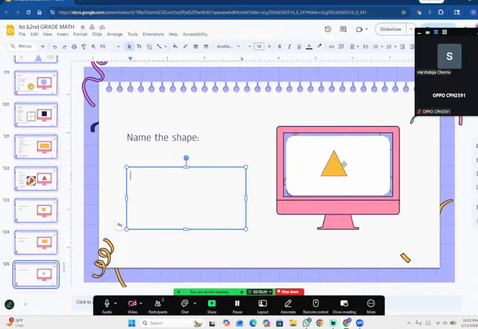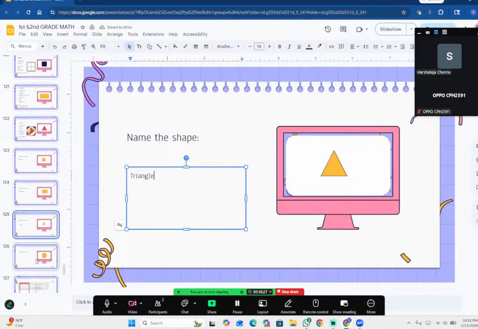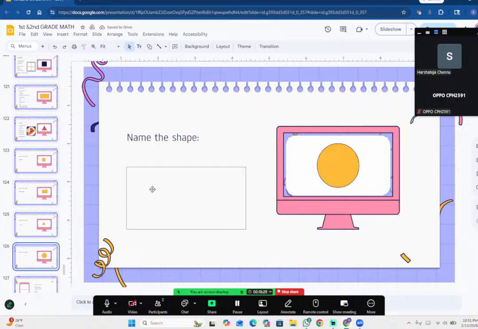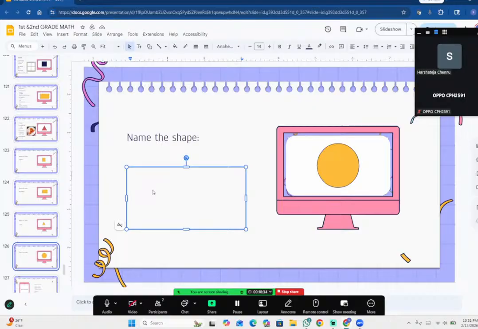It has 3 sides and 3 corners, so it's a triangle. So we can see that the shape has no corners or sides, so this would be a circle.